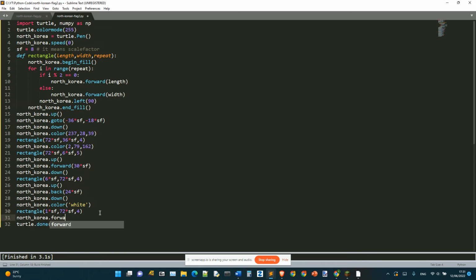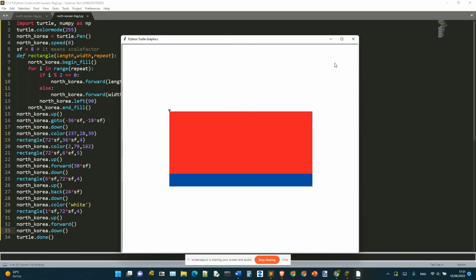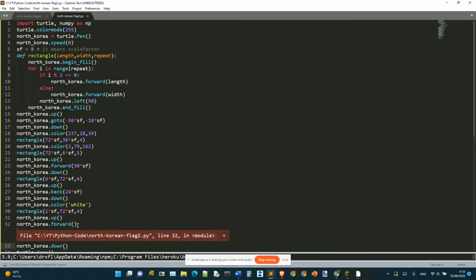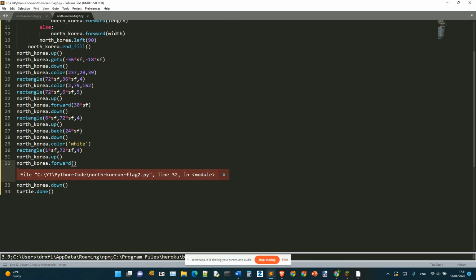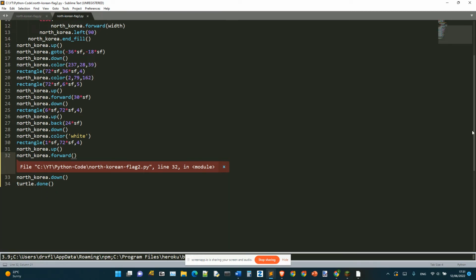North Korea dot forward, North Korea dot up, North Korea dot forward, North Korea dot down. Forward by how many units? So using my mathematical skills, that would be 36 minus 12 and then minus an extra 1.